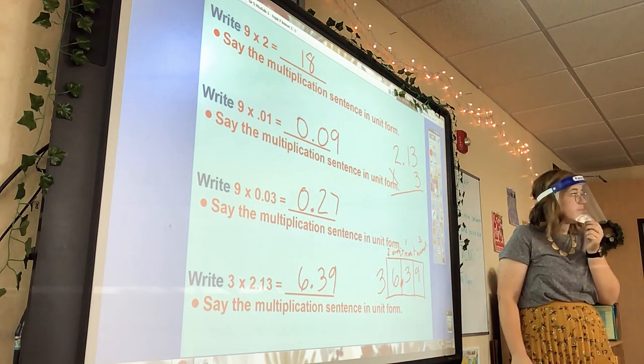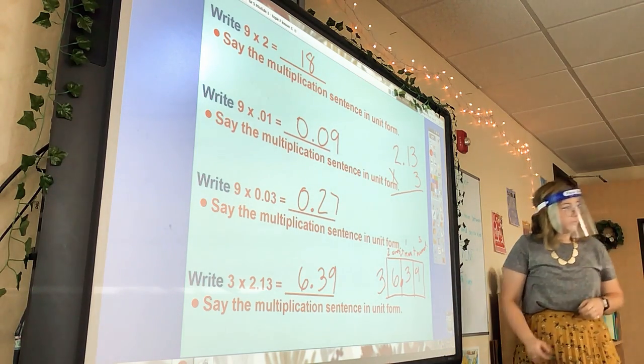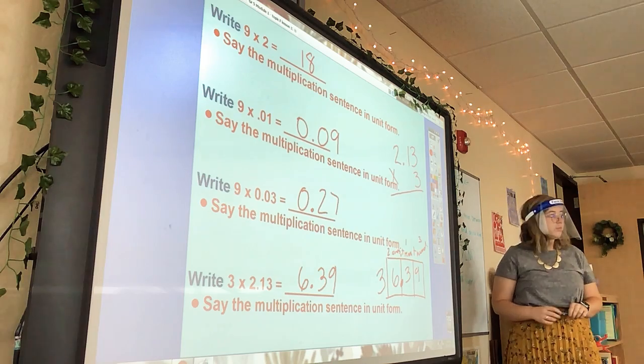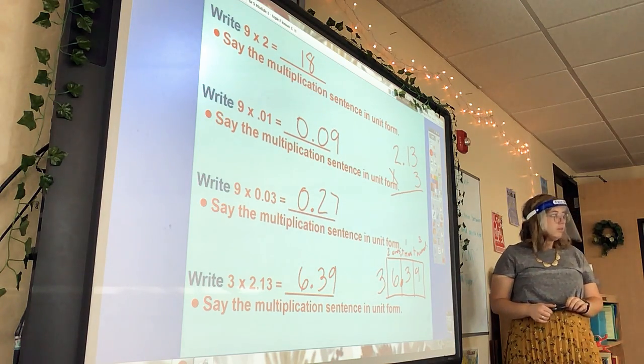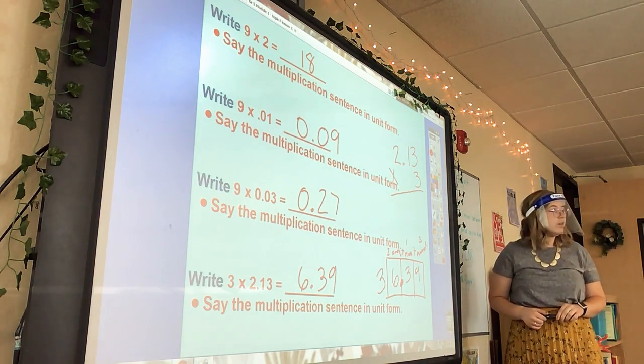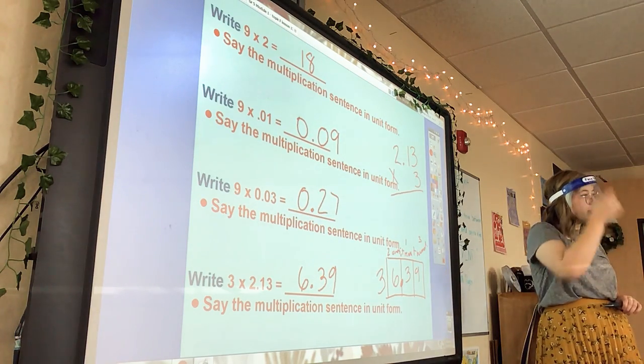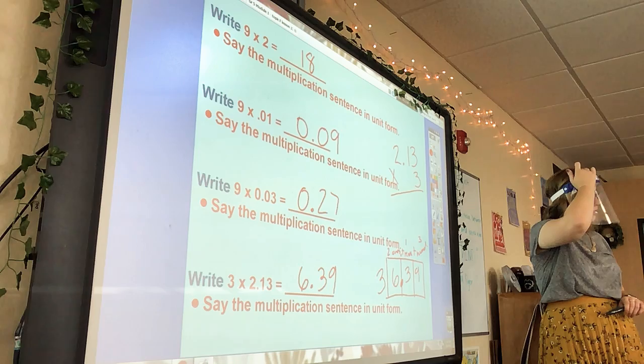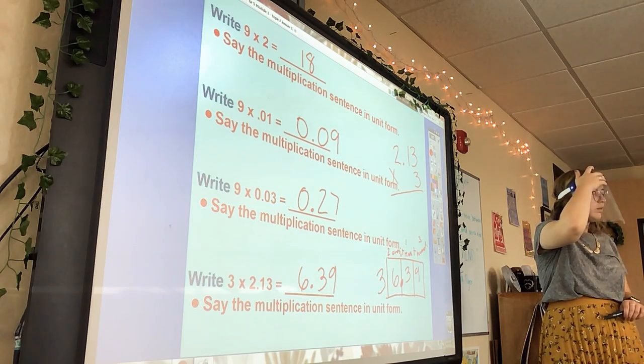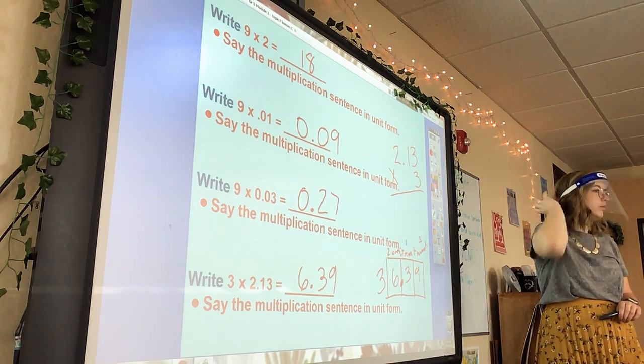Lily. Kind of bouncing off of what Donna said, I basically turn them into whole numbers in my head, get rid of the decimal, and do it like that. And then I would do the whole process, because I can't do that in my head.